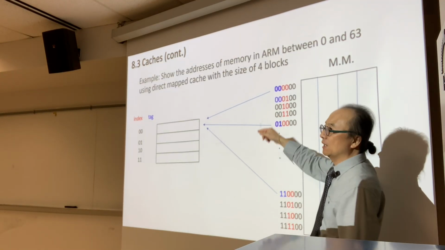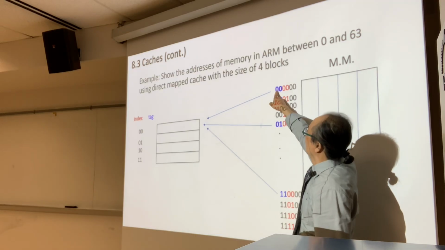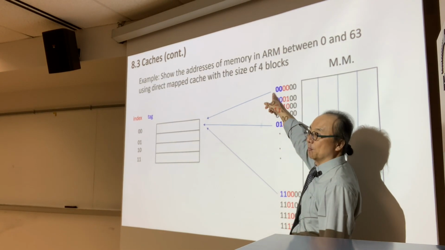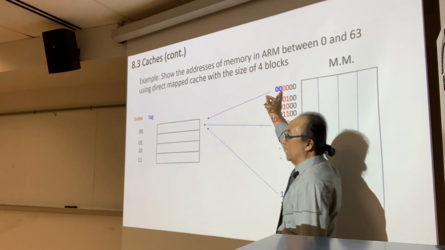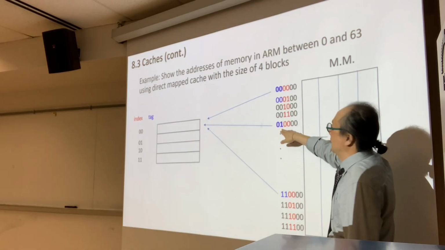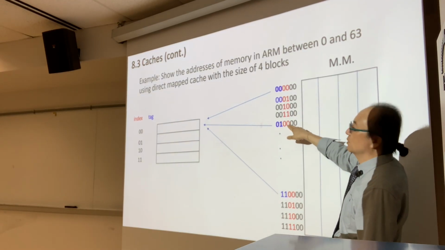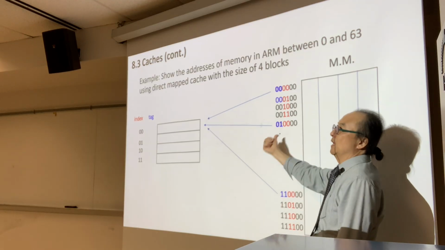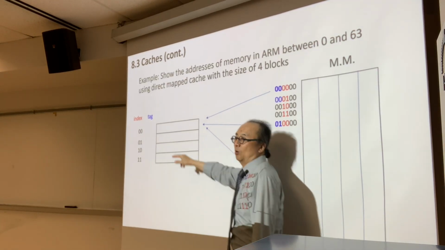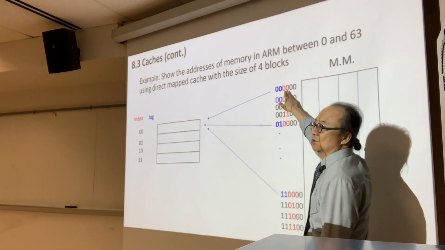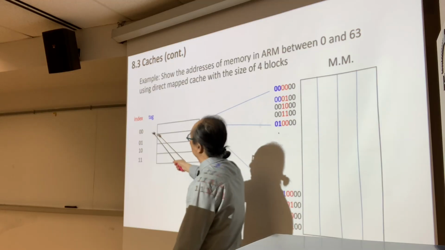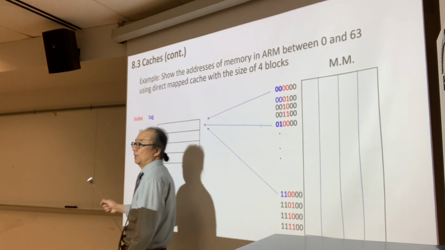By looking at the tag, I know if it's 00 in here, then this is the only one. So I know, hey, this is what I want, or hey, this is not what I want. Actually, I want 010000. Then I need to go down to main memory, bring this one, and replace the older value of 000000.